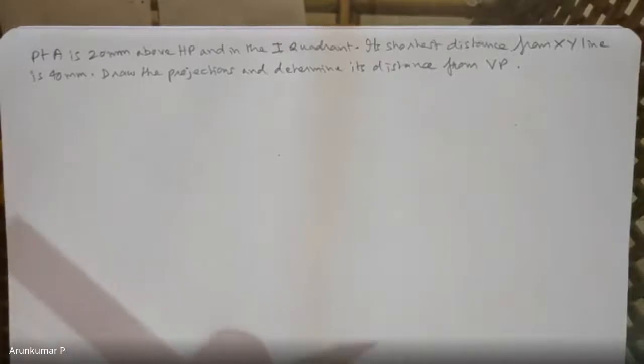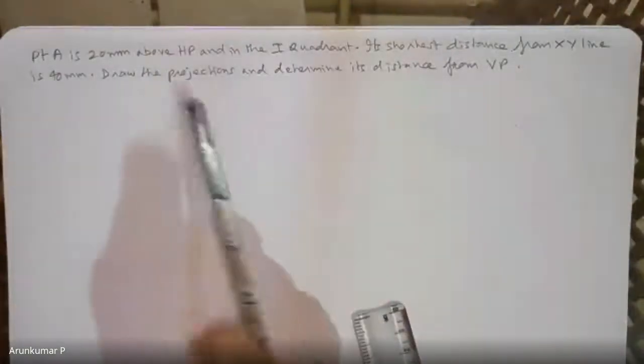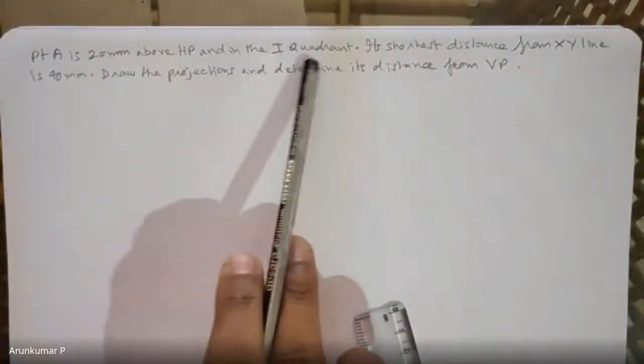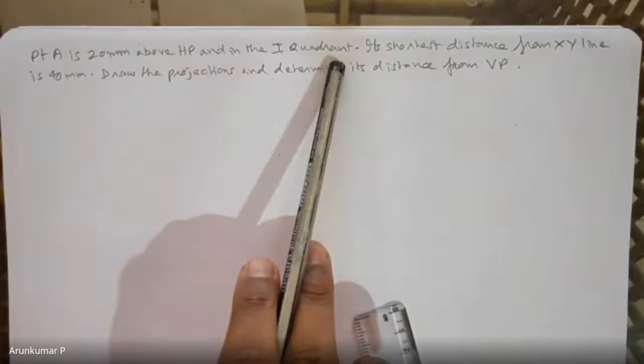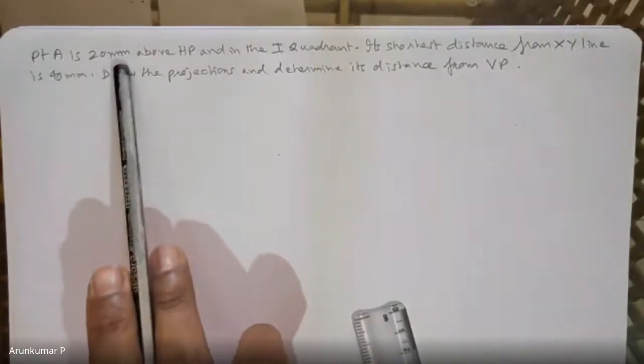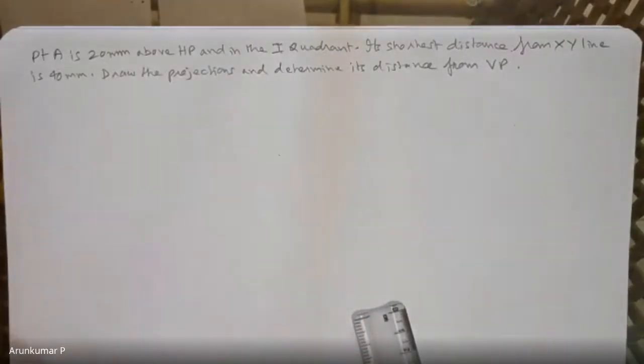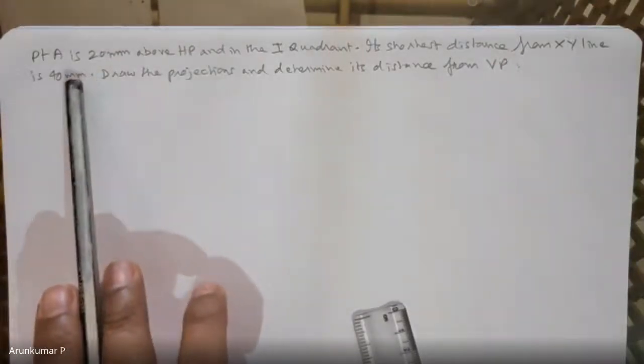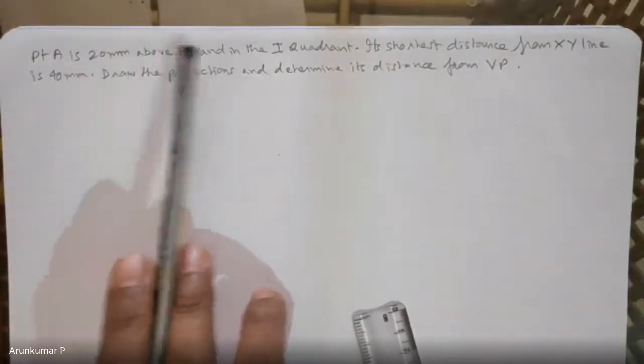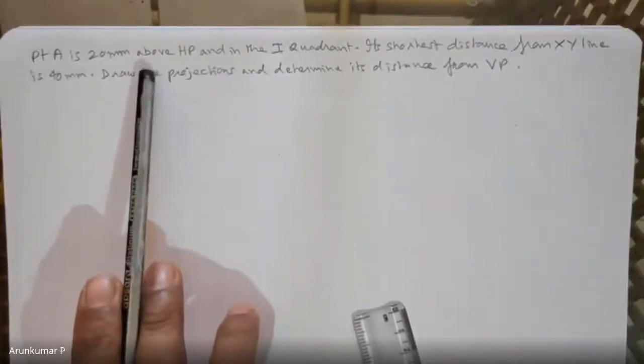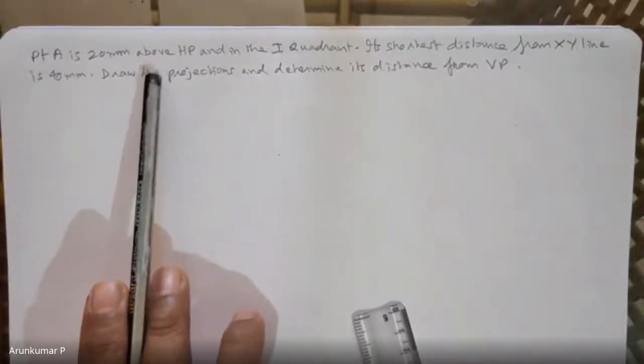Now, it is clear that the point A is in the first quadrant because it is given. It is also given that the point A is 20 mm above HP. Generally, from your experience, what we have seen is that for any point which is in the first quadrant, the location of the point is generally given.